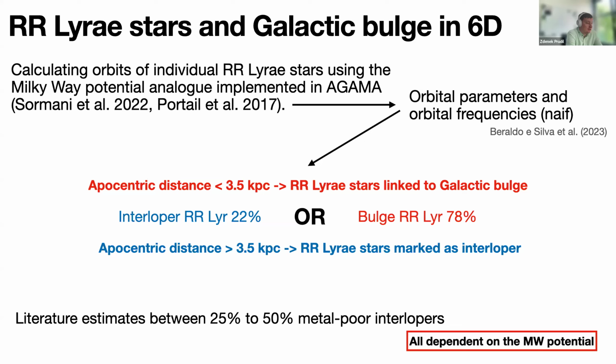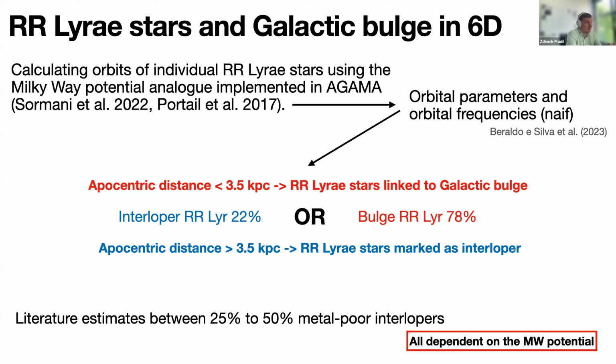It contains not just the Milky Way disk and halo, but also a close to realistic representation of the Milky Way bar, the supermassive black hole, the nuclear star disk and the nuclear star cluster. In this analytical potential for the Milky Way, we integrated, or evolved, the RR Lyrae stars for which we had 6D information and obtained some orbital parameters.